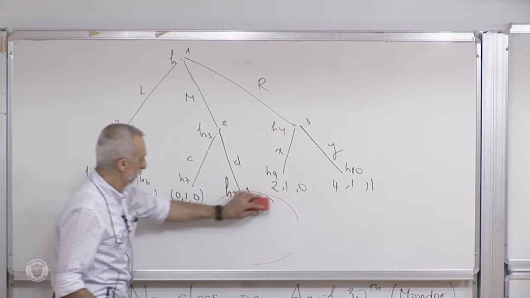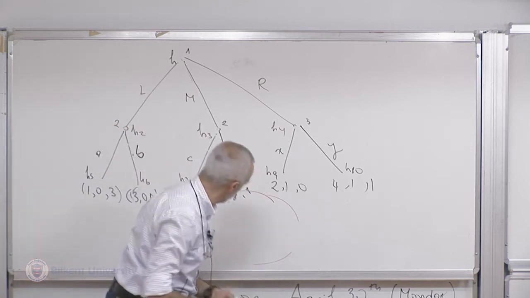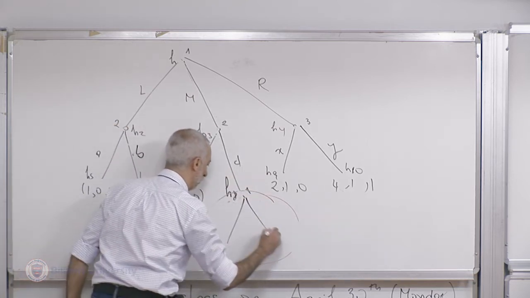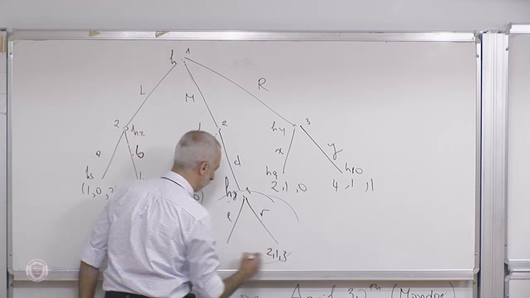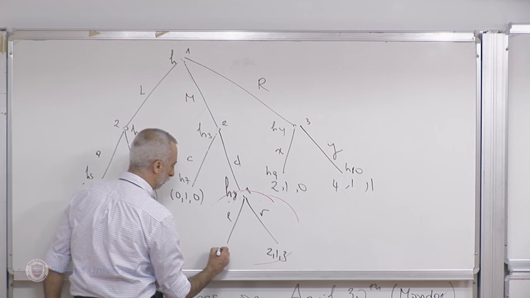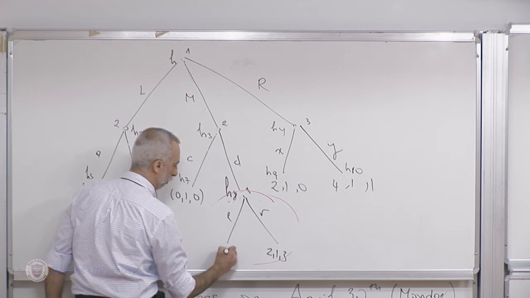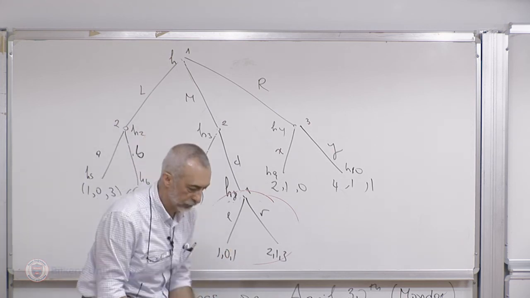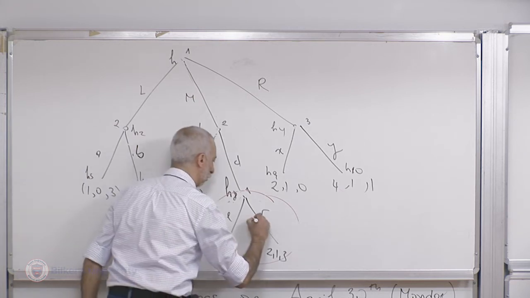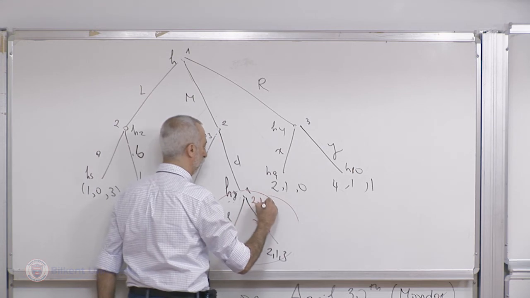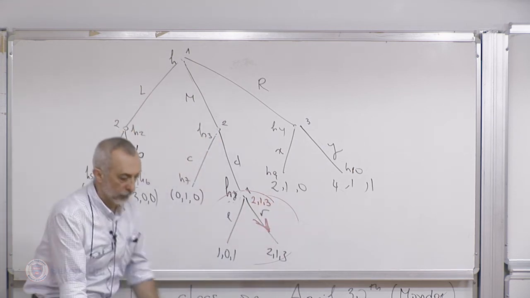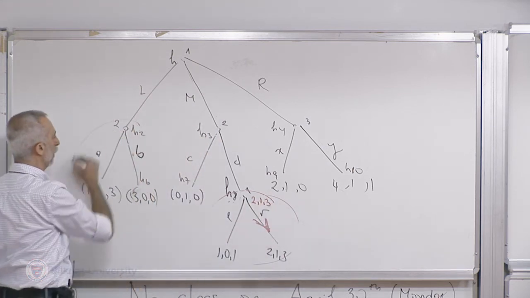Okay? But just for the sake of completeness, let me keep this. So that was 2, 1, 3. I forgot, what did I have here? 1, 0, 1. So I'll put an R arrow here, and I'll put the payoff here. Okay. Now, let's look at this subgame.